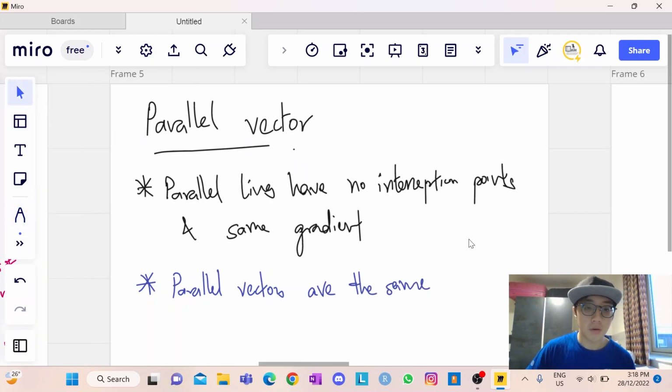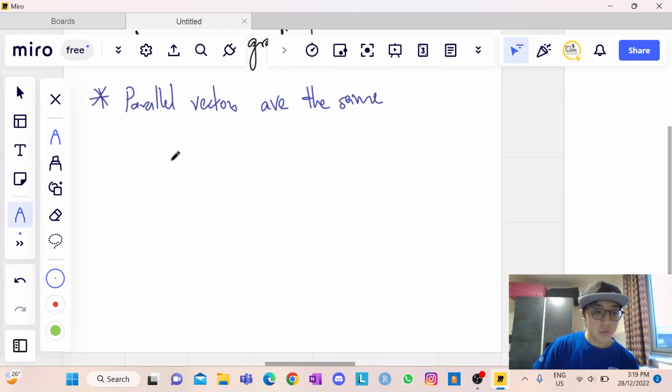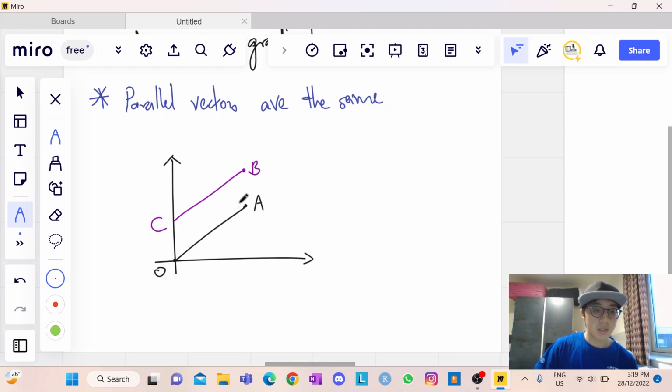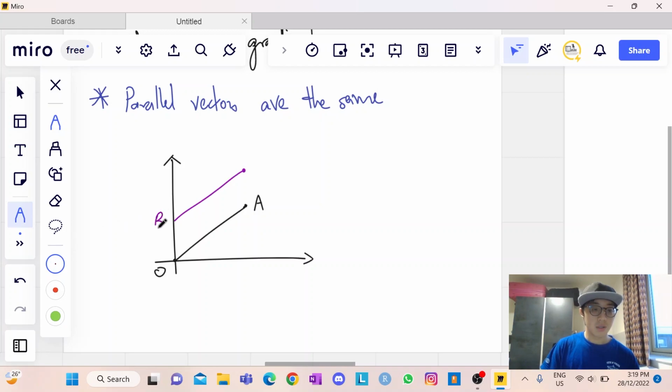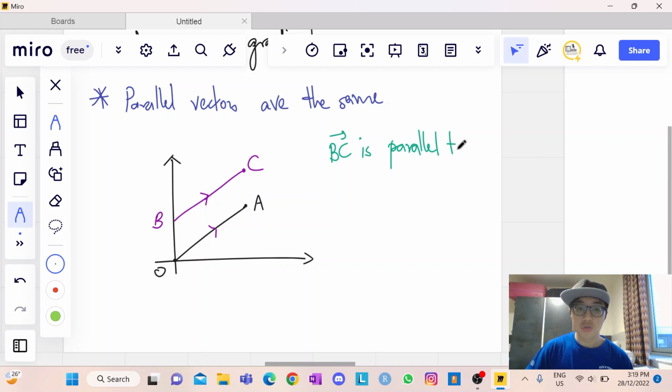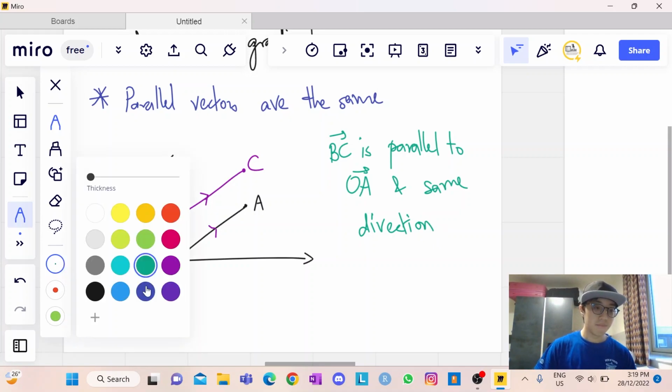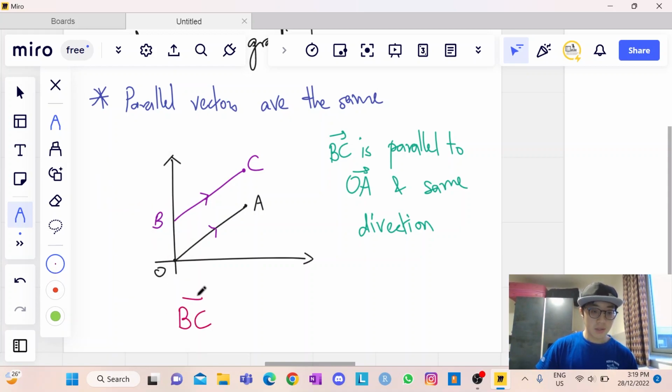If we draw it on a diagram, this diagram right here, we write this O to A, and this is C, let's say B to C. So if I say that BC is parallel to OA and they are heading in the same direction, then these two vectors have the relationship of BC equals lambda OA.